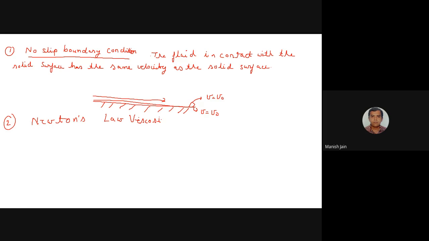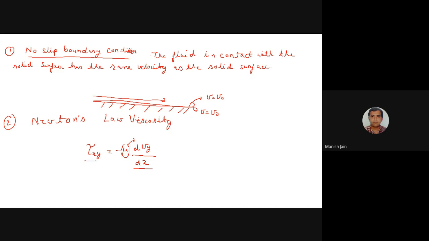Newton's law of viscosity says that shear stress tau xy is equal to minus mu dvy by dx. Shear stress is proportional to the shear rate, and the proportionality constant is called the viscosity. Viscosity is the hindrance, the resistance to flow.